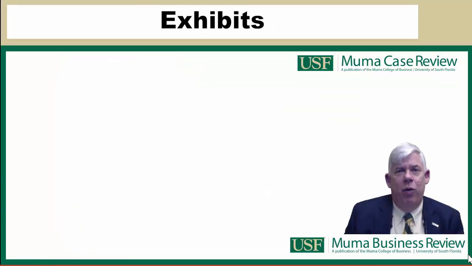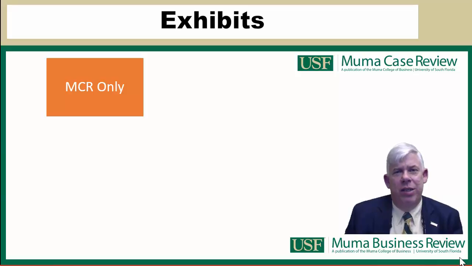Our final special formatting topic is exhibits, and exhibits only appear within the Muma Case Review. So for the Muma Business Review, you might have appendices, but you will not have exhibits. Now, exhibits are a little bit different from appendices and from the body of your Muma Case Review or Muma technical note submission for a number of reasons.